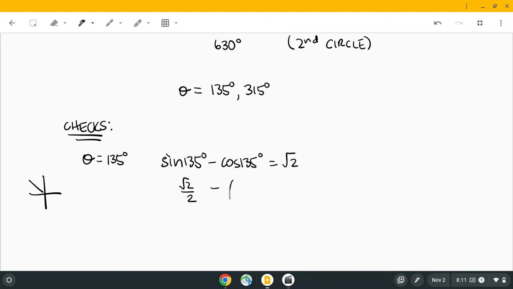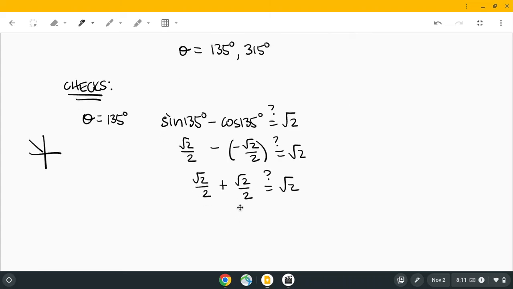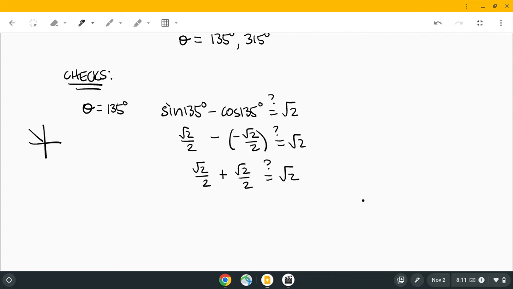And cosine will be negative square root 2 over 2. So we get square root 2 over 2 plus square root 2 over 2. Well, 1 half plus a half is 1, so we do get square root 2. This is one of our answers.